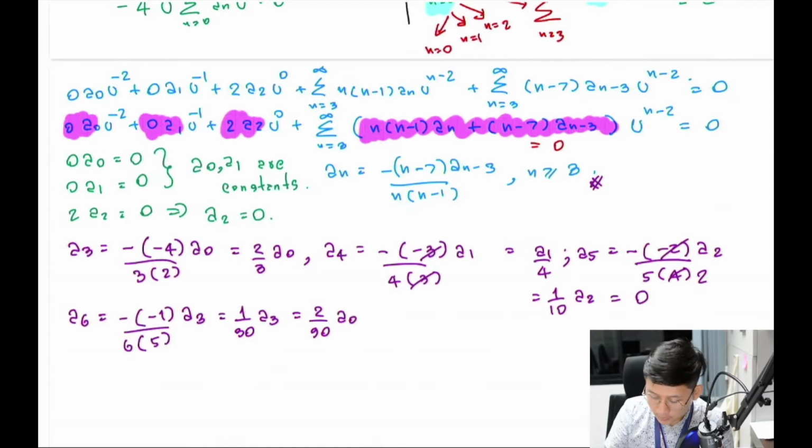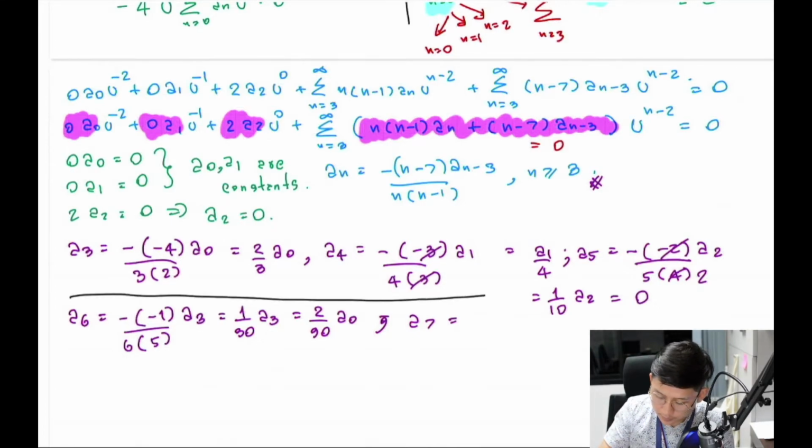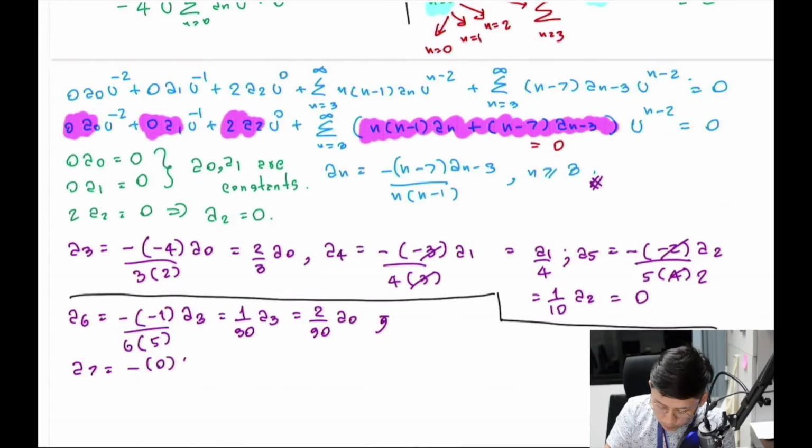Okay, the next one would be A7, and A7 would be, what is it? Let me split it so that we see it clearly and we don't get confused. So A7 would be minus 0 A4 divided by 7 times 6, and that is 0.